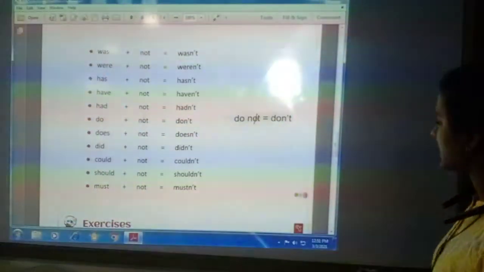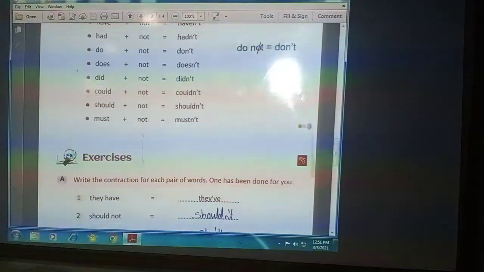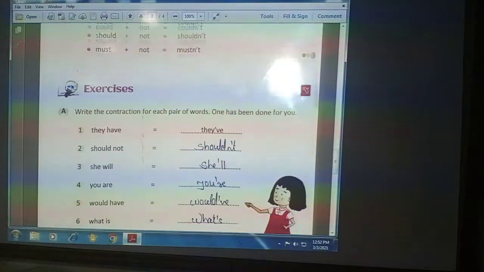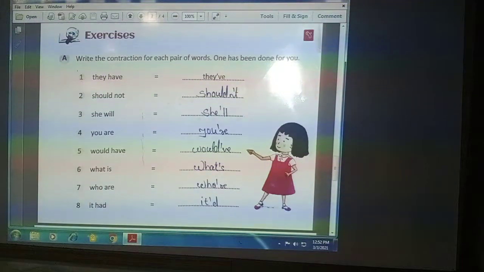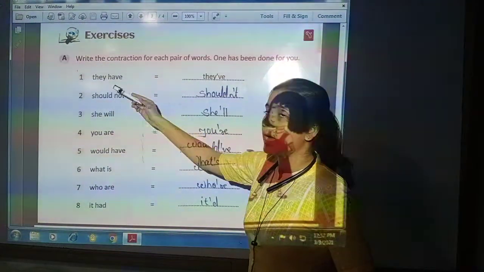Now let us see the exercise of this chapter. First one is they have.